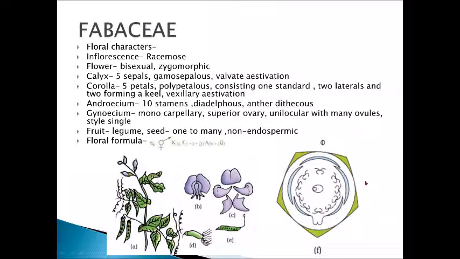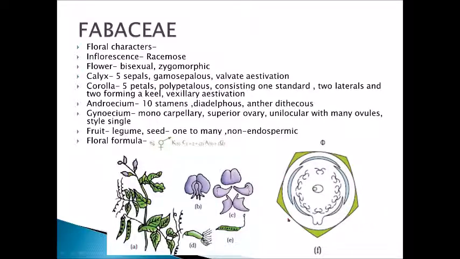See now, this is zygomorphic, this is bisexual, this is calyx. It has 5 sepals. Because they are put into the bracket, it is gamosepalous. Then comes corolla. It has 1 standard, 2 laterals and keel. 2 are there which form 1 structure.